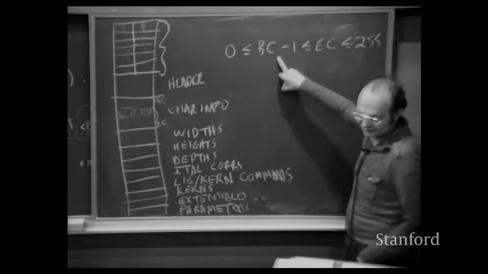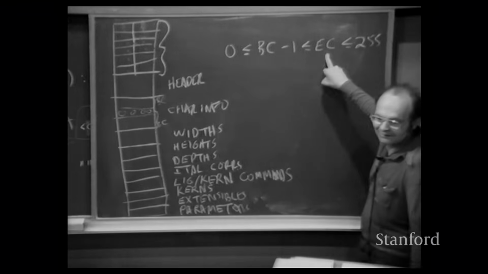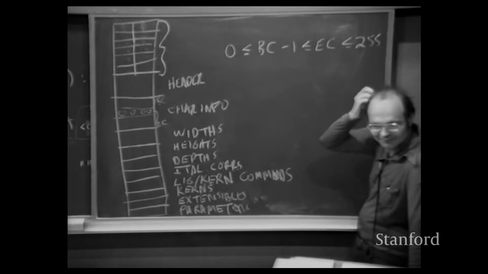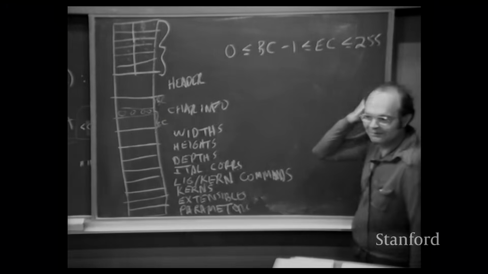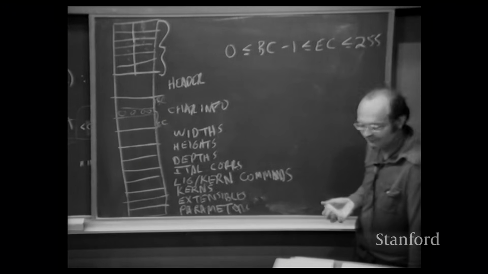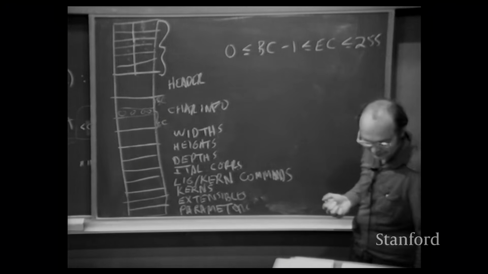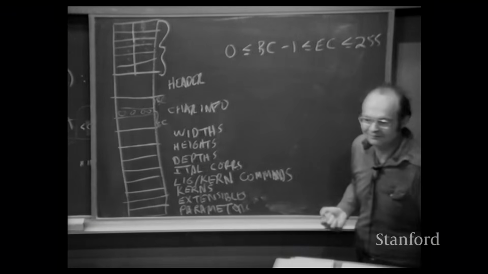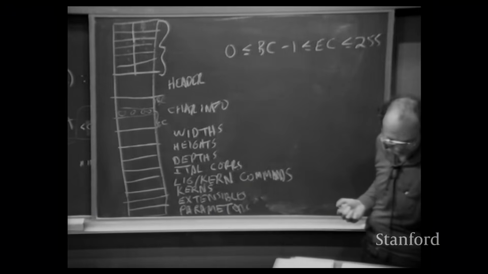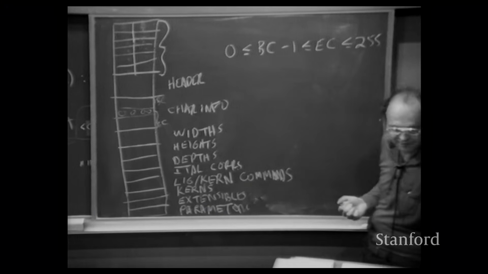You could have beginning character equals 1 and ending character equals 0. That's the empty font. It's not a particularly interesting font, but I just made sure that it would be legal because the history of mathematics indicated that it was useful to have 0 around, and so sometimes a person might want to be able to input a null font.